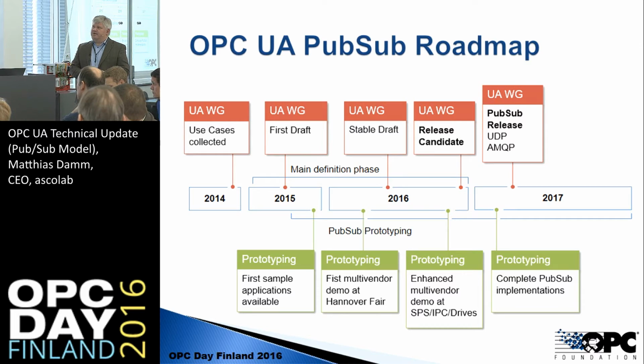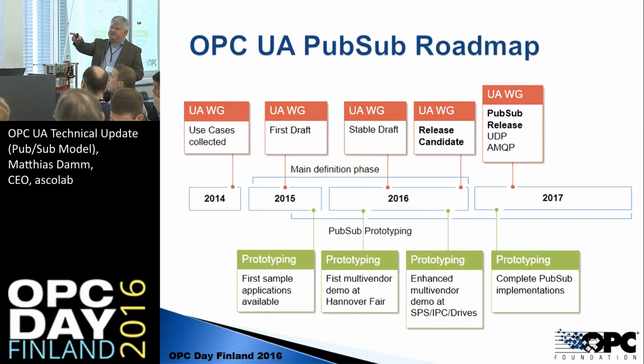And then the plan is to have the first release of PubSub in the second quarter of 2017. And the time frame between the release candidate and the release mainly depends on the progress of the prototyping working group. So that part will be more important then.